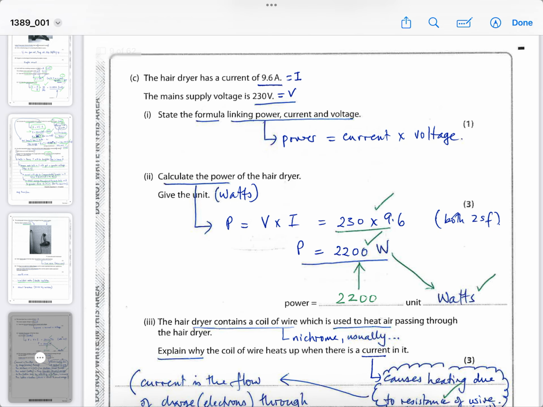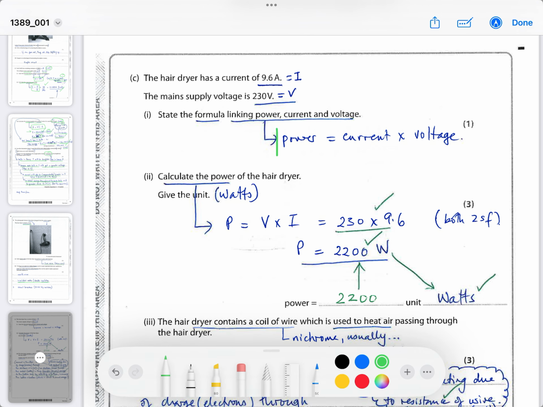Alright, so they want you to state the formula linking power, current and voltage, and if you do that correctly with the word equations, you will get this equation here, where power is in watts, current is in amps, and voltage is in volts. So you need to now use that to calculate the power.